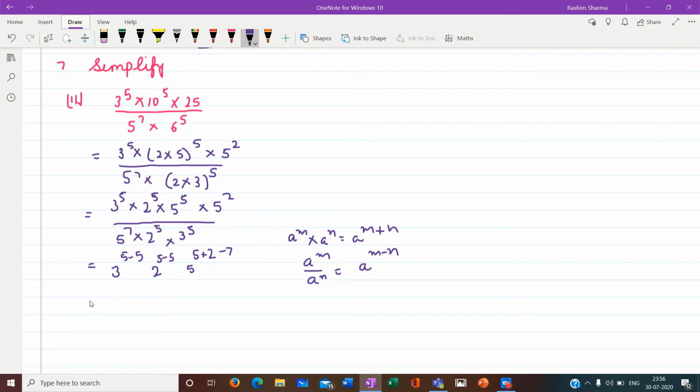Okay, so we get here 3 raised to power 0 into 2 raised to power 0 into 5 raised to power 0. So we know anything to the power 0 is 1. So we will write it as 1 into 1 into 1. So 1 is the answer here.